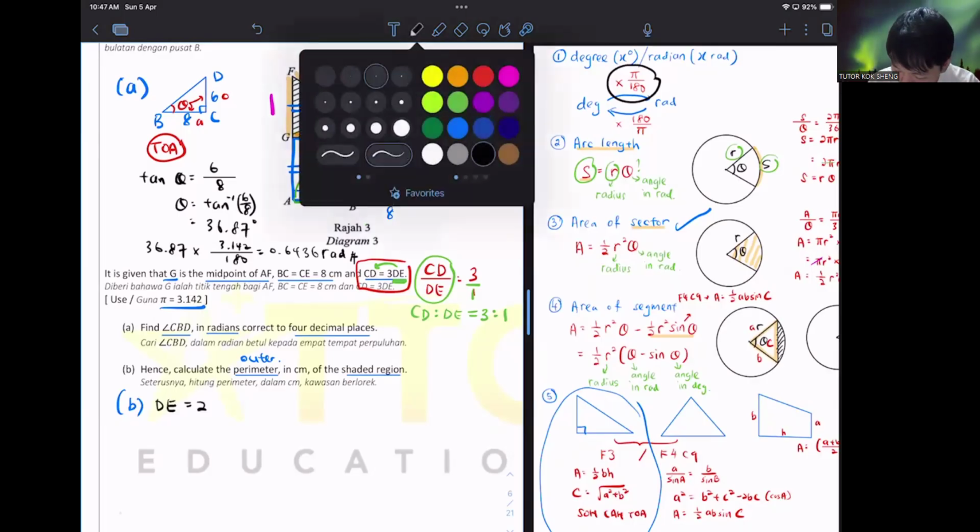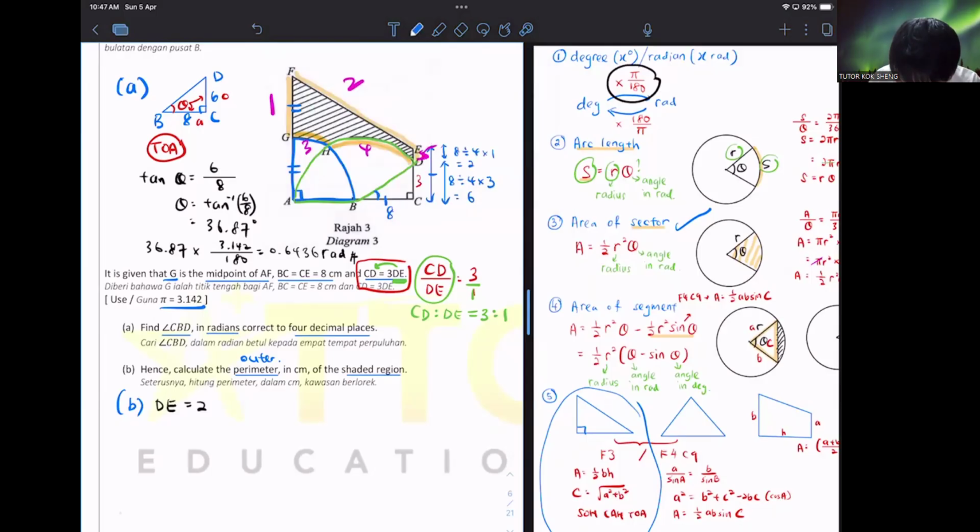Which means the blue color one is only from G to H. That's why, with the center here, this is the radius, and the angle here is over here. Not the whole thing, so not the 90 degrees, only this part.